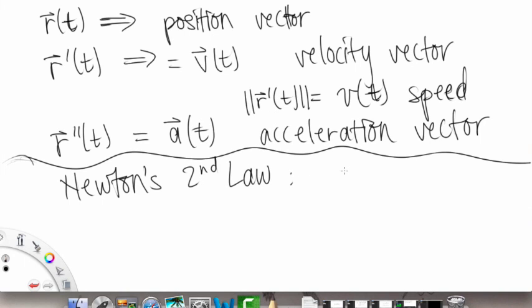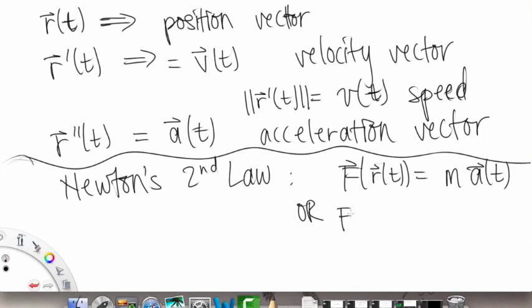It says that force at a certain position is equal to m, the mass, times the acceleration. This can also be rephrased as F of r of t equals m times r double prime of t. So that's one example of a physical application.